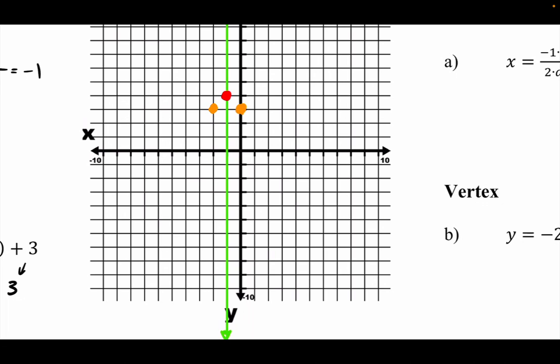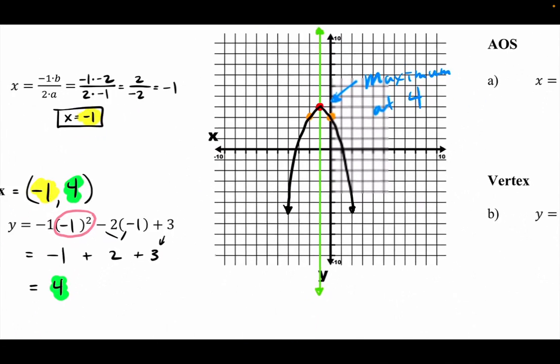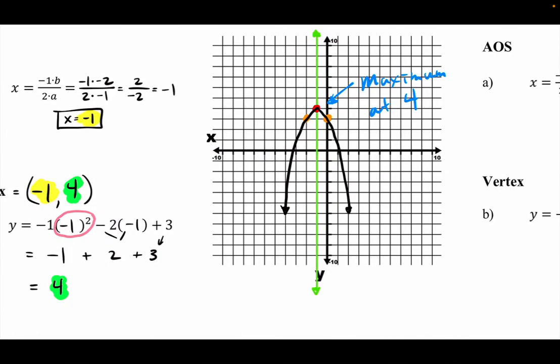It's got to be down, because that's the only way it will make sense. So if I have arrows down, is it going to be a maximum or a minimum? Maximum. And where is my maximum going to be? Positive 4. Good. Maximum at positive 4.